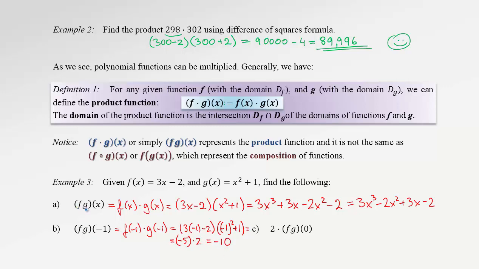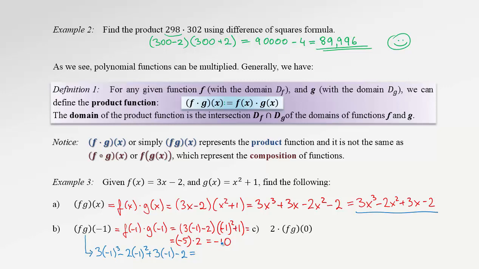But since we already know what this product function is, it is actually here, we could use it and we could calculate it from the beginning like this. Plug in negative 1 into this function obtained in question A. So that will be 3 times negative 1 cubed minus 2 times negative 1 squared plus 3 times negative 1 minus 2.